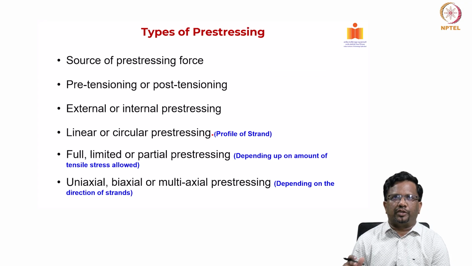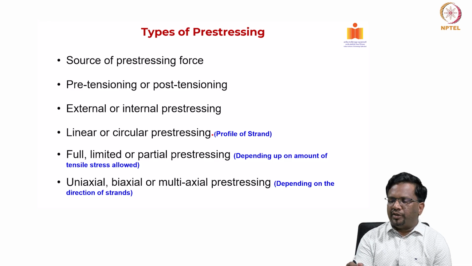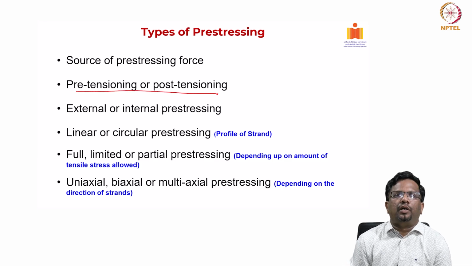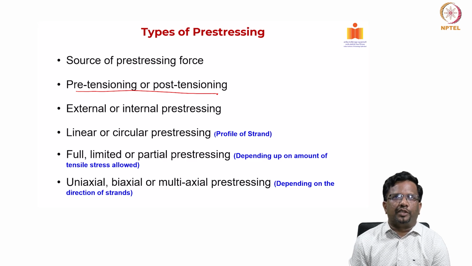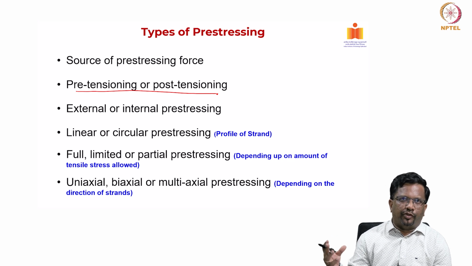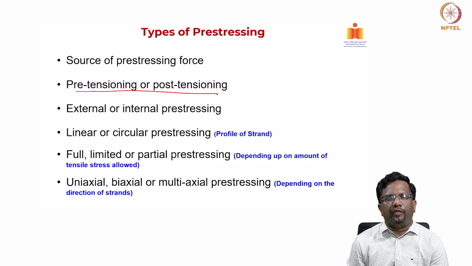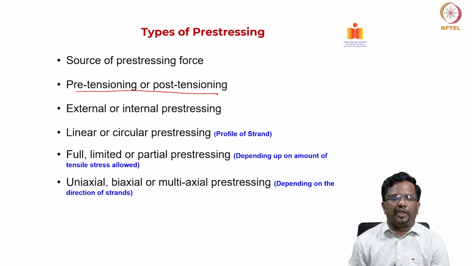We can also classify depending upon whether you tension the steel before you pour concrete or after you pour concrete. That is pre-tensioning or post-tensioning, which we will discuss in detail in the coming slides. We also classify depending on whether the prestressing steel is within the cross section or outside it, as internal prestressing or external prestressing.